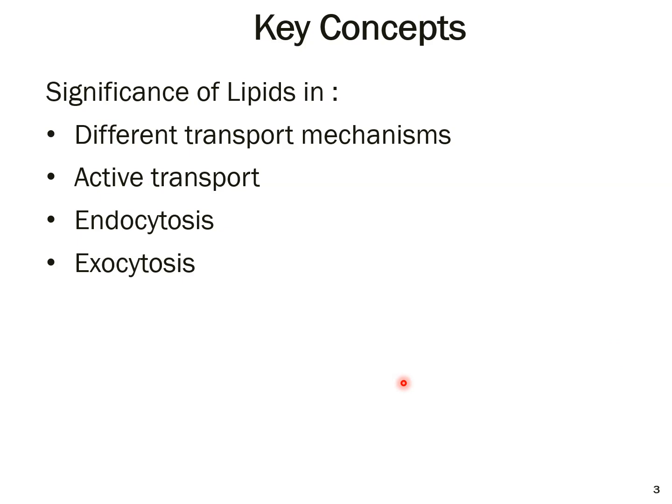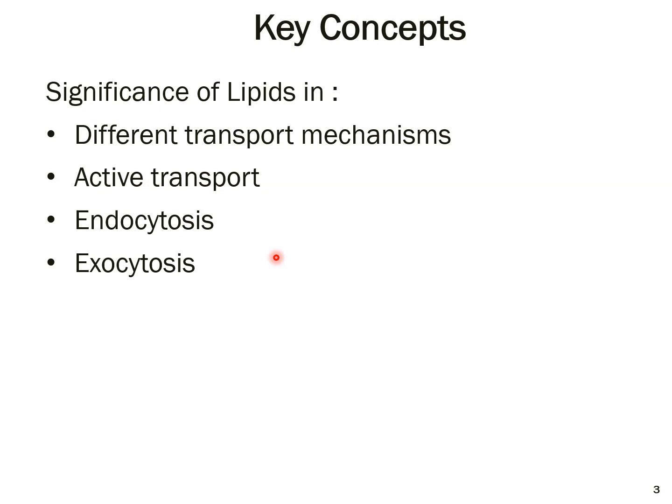So in this next part of the series, we study the significance of lipids in the different transport mechanisms, which will now include active transport, and then endocytosis and exocytosis.